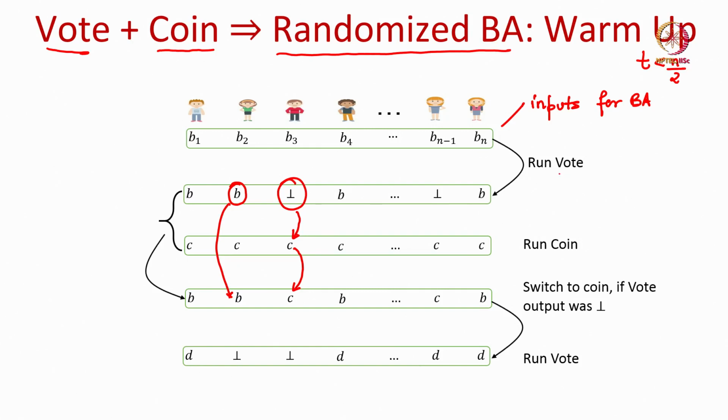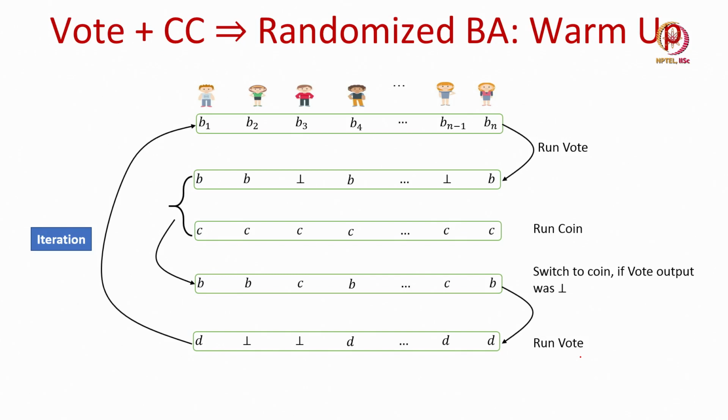So we run vote, we run coin, decide our output, and then decide the input for the next invocation of vote by comparing the output of the vote and the output of the coin. Then we do the same process again. This whole process of running one instance of vote, followed by one instance of coin, switching to the coin value if the vote output was bot, and then again running an instance of vote is considered an iteration.